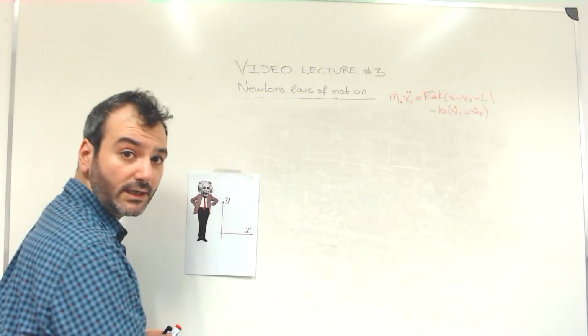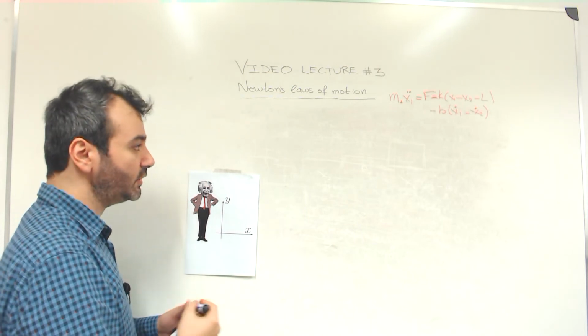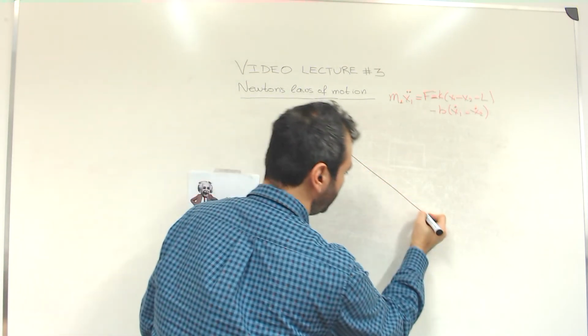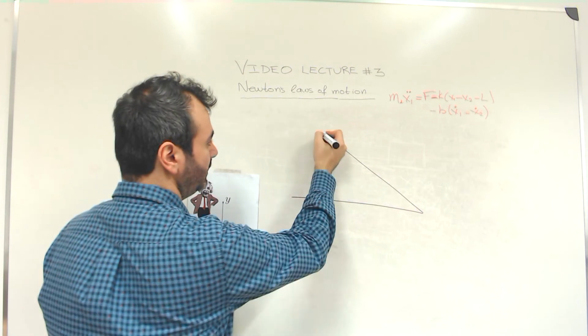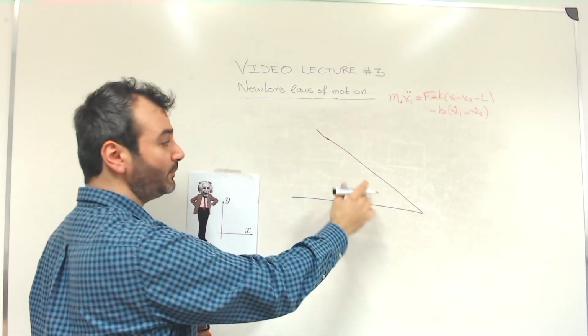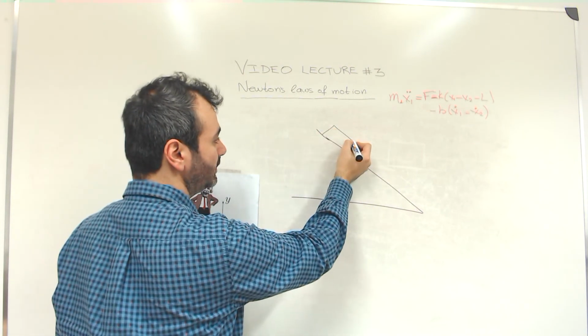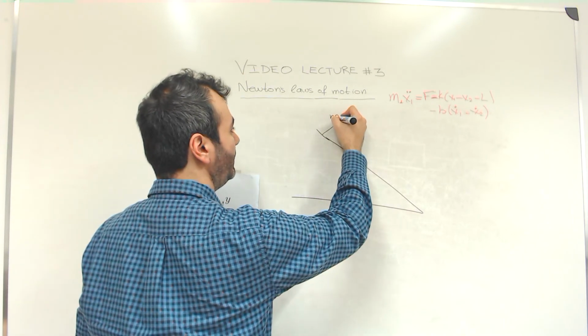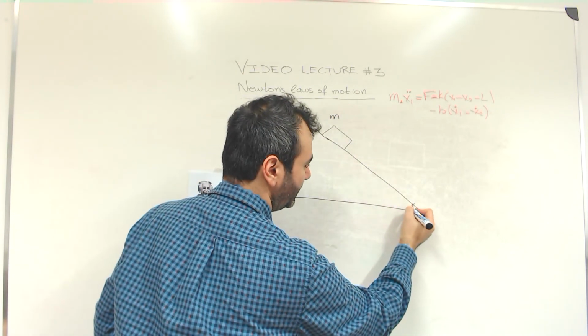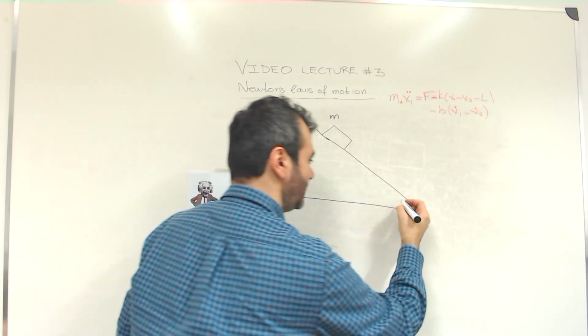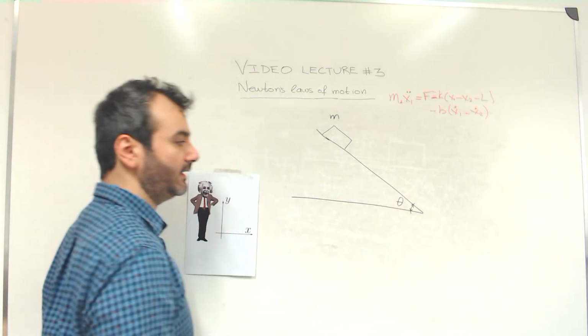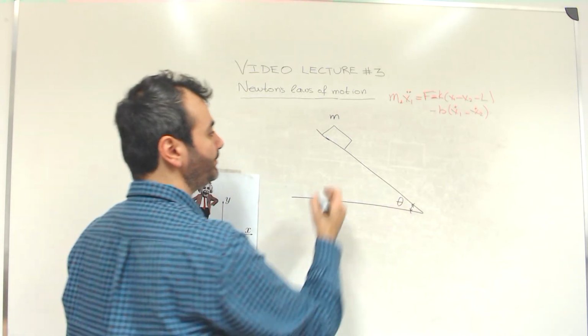There is one more exercise we can try to solve. Again, I will solve half of it and you can do the rest. We have an inclined plane over here. We have an object of mass m, and this angle over here is some angle theta, which doesn't change in time.